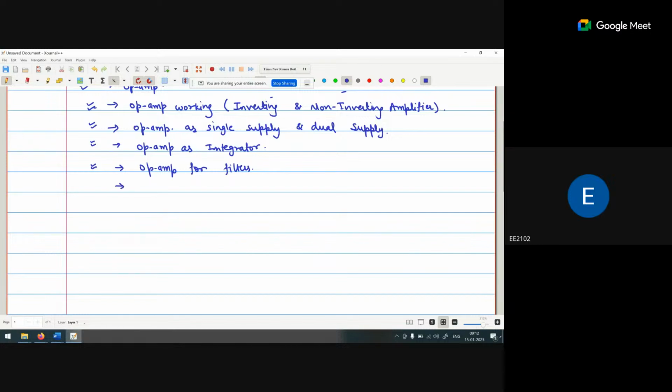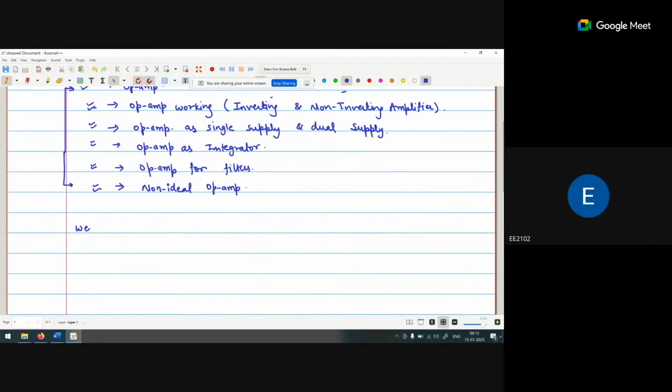Along with that, we discuss the non-ideal op-amp. So through week 1 to week 7, we discuss all these things. Some topics will take 1 or 2 weeks, or some topics will be covered in half a week. According to this, we will cover these topics in week 1 to week 7.